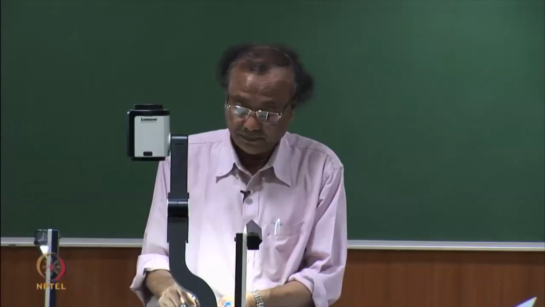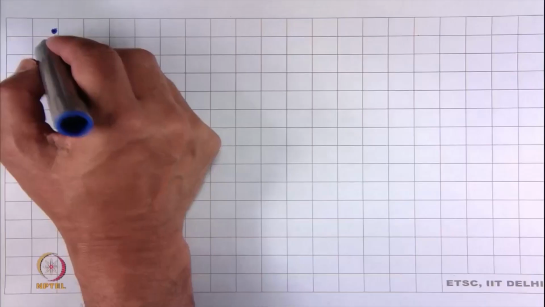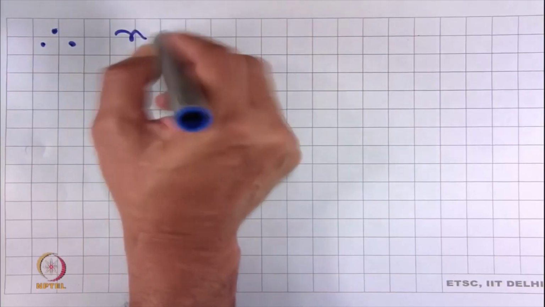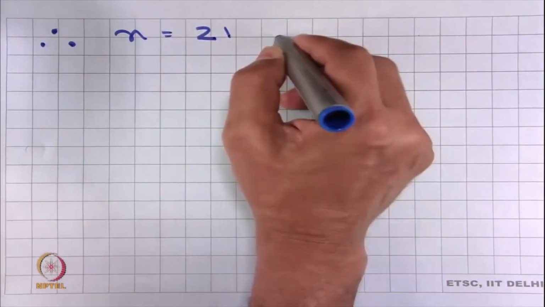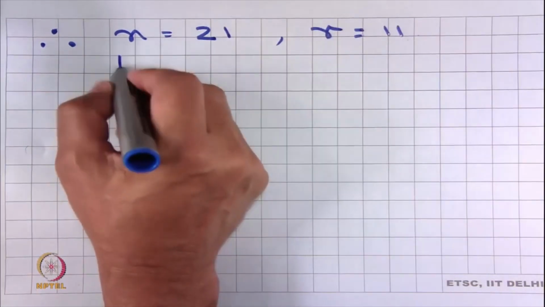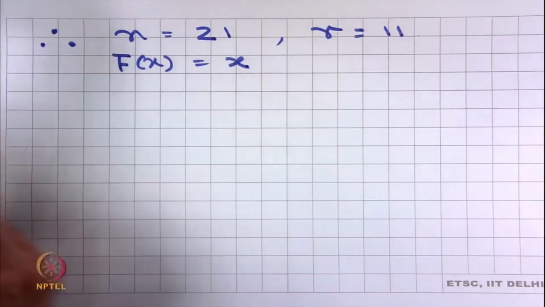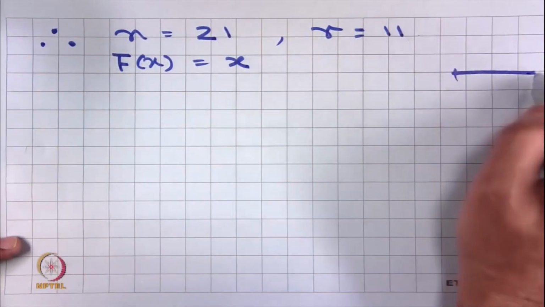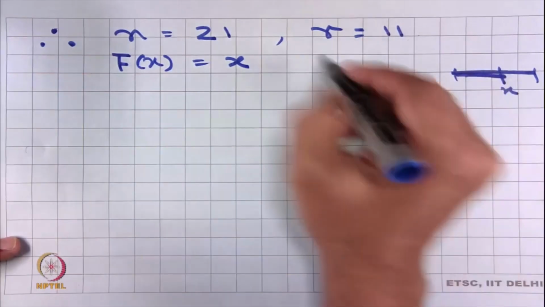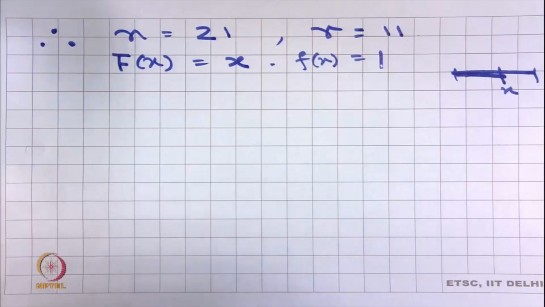Therefore, n is equal to 21, r is equal to 11, F x is equal to x, because it is uniform 0, 1. So, probability less than or equal to x is equal to x, and f x is equal to 1.